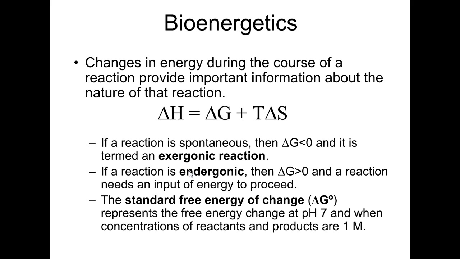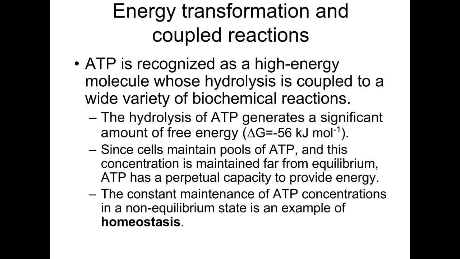The other kind of reactions are endergonic, and that's what most of the synthesis reactions are in cells. We have to put energy in to get things made. Okay? And the main thing that these cells use, plant cells, bacteria cells, human cells use to move energy and to store energy, as you all know, is ATP.